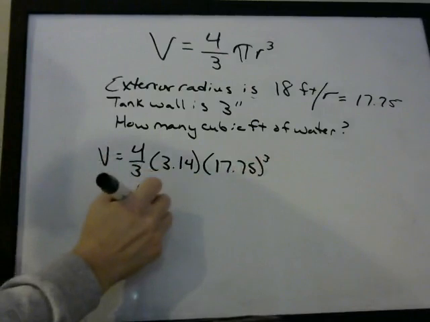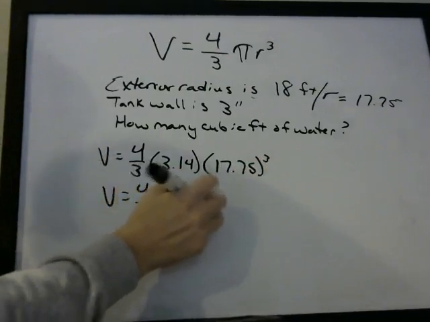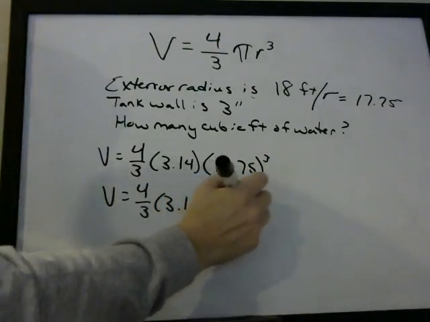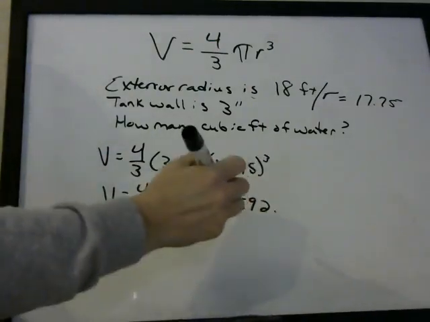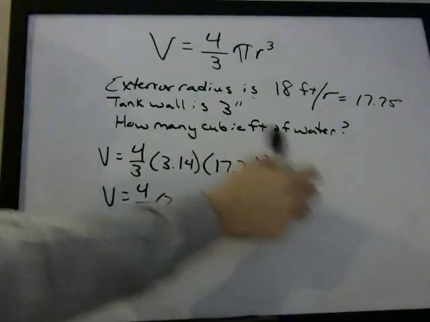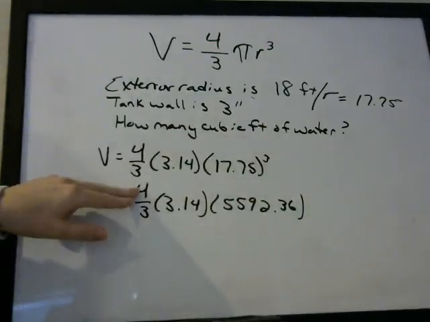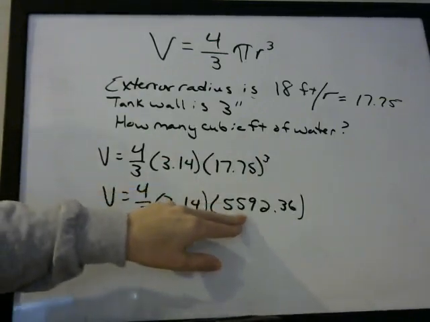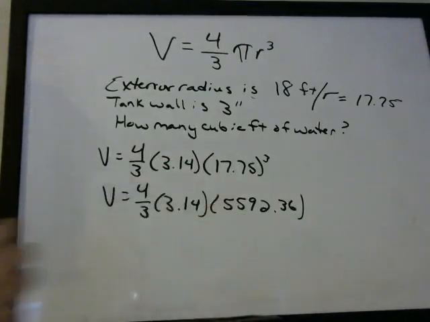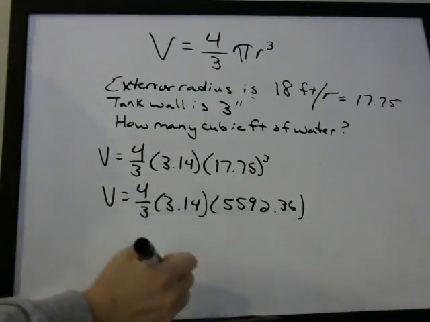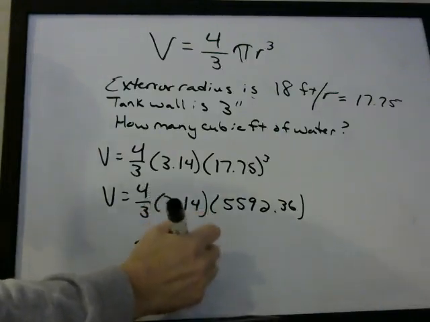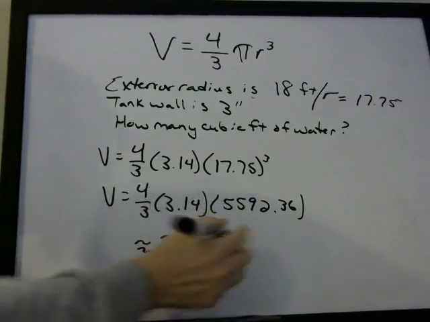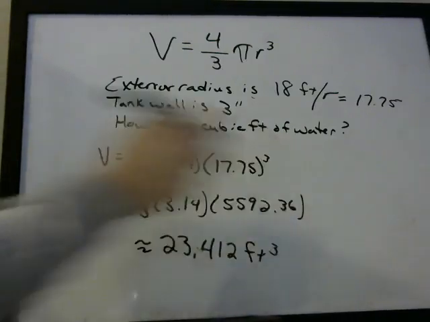I'm going to round it off, but 17.75 cubed is about 5592.36. Now we just plug this in our calculator: 4 divided by 3 times 3.14 times 5592.36, and we're going to get about, again rounding it off, 23,412 cubic feet.